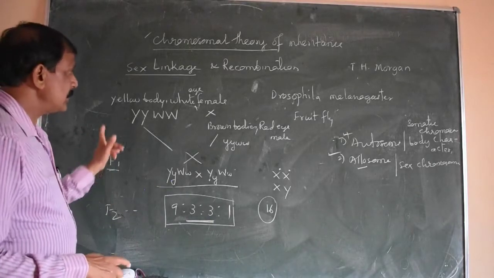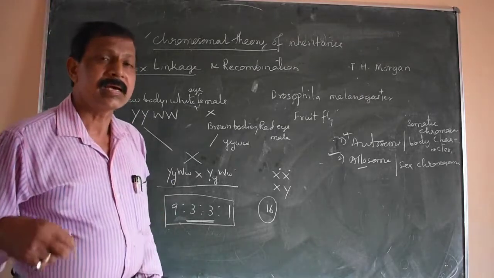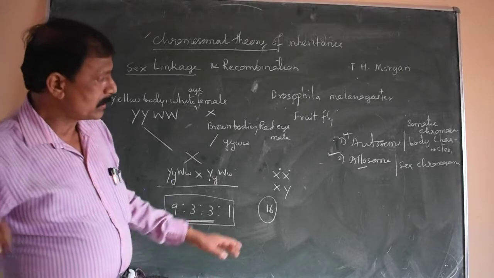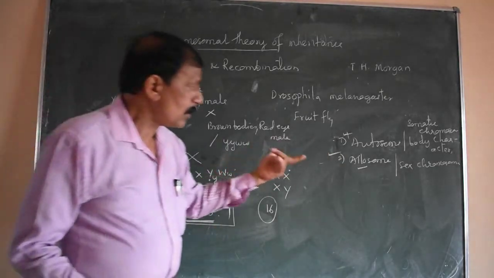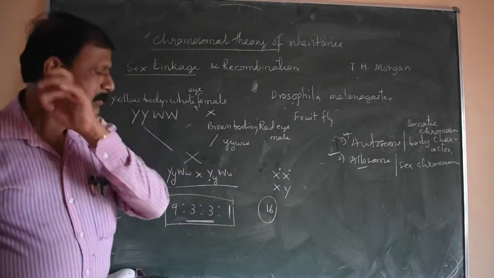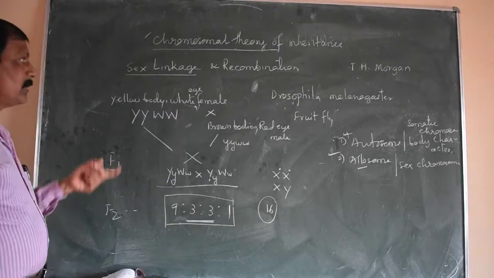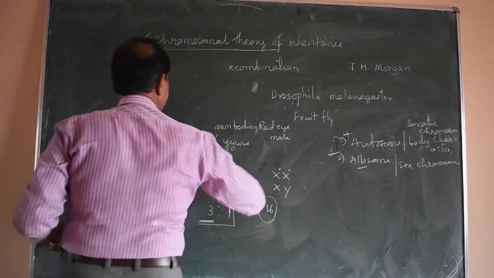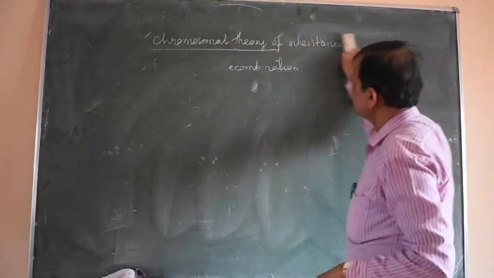So, sex linkage and recombination: instead of transmission of the character from the autosome, sometimes the allosome may carry the chromosomal character. That is why it is called sex linkage. Okay, so this is about sex linkage and recombination.